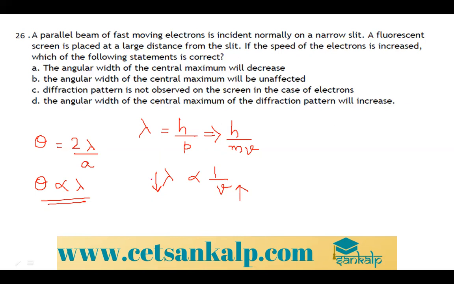Since lambda decreases, theta is also decreasing since it is directly proportional. So you can say the angular width of the central maximum will decrease. So I hope we are clear with the concept.